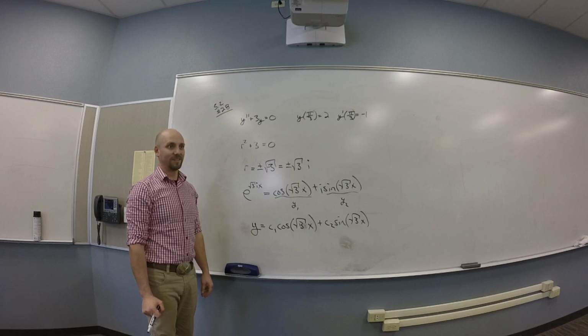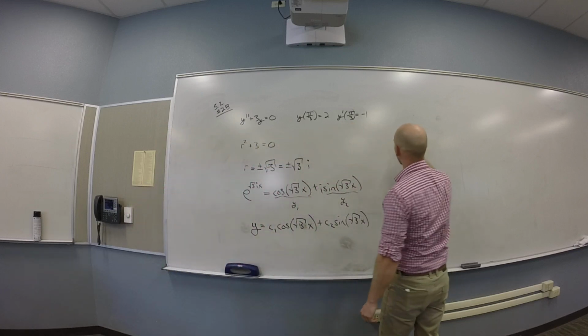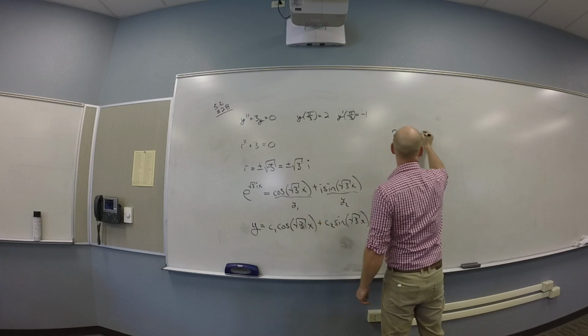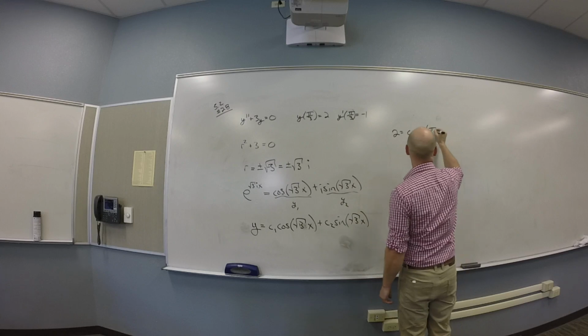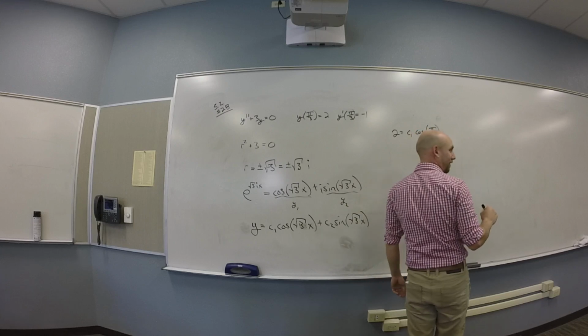Oh, no. If I try to just plug in, right, I'm going to get 2 is C1 cosine of pi over the square root of 3. Uh-oh.